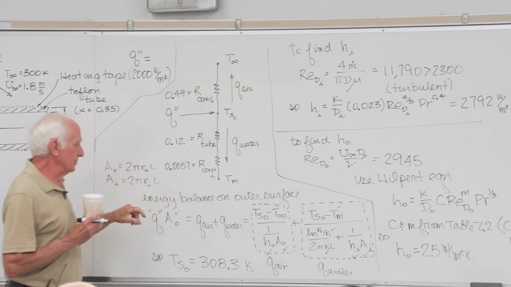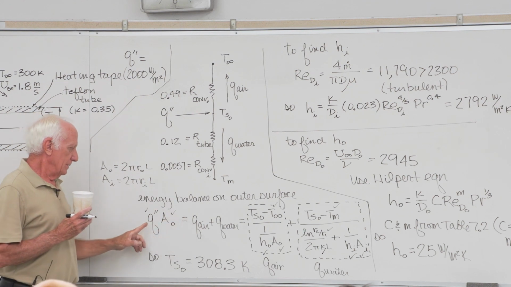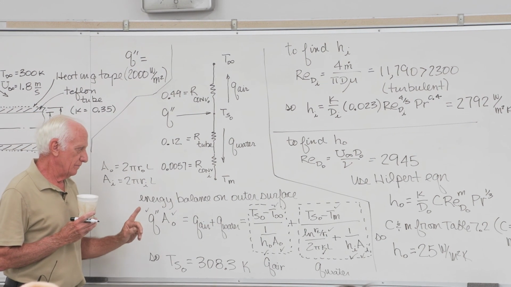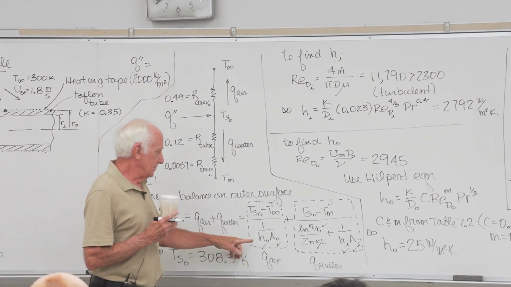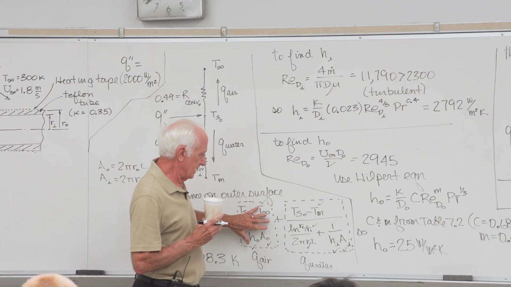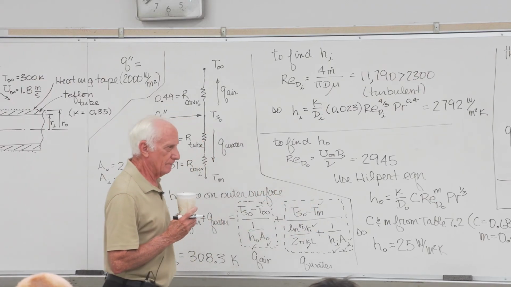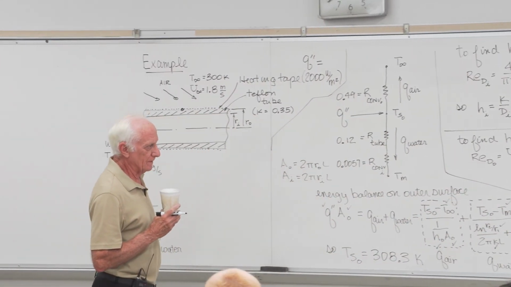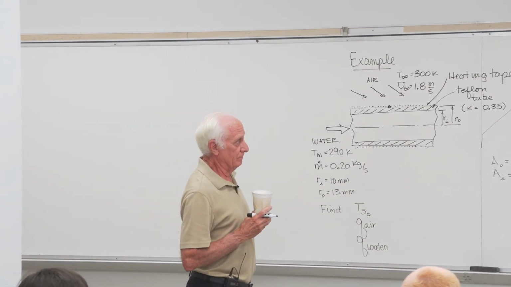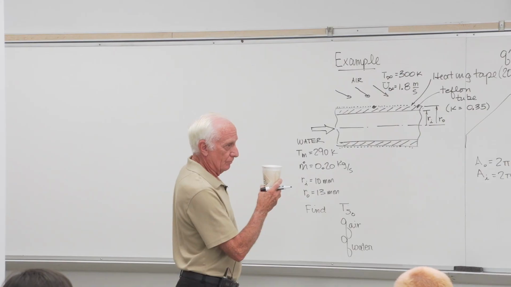Write the energy balance on the surface of the tube. The heat flux that comes in either goes to the air or the water. Get the h inside, h outside, find this goes to the air, this goes to the water. So it's a great review problem, not just for chapter 6 and 7, but also chapter 3, a resistance diagram of the real world picture.